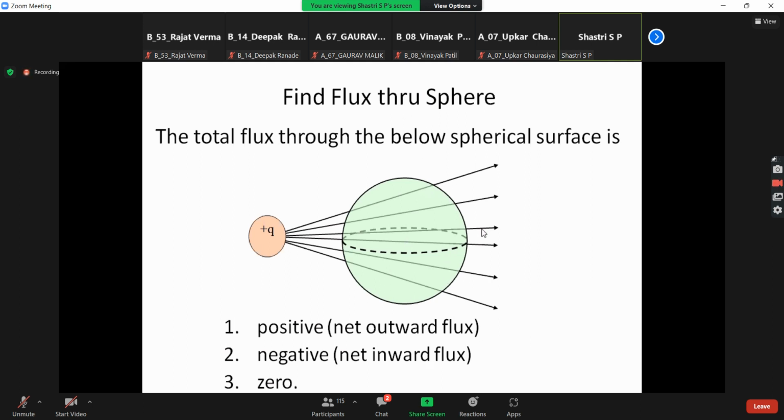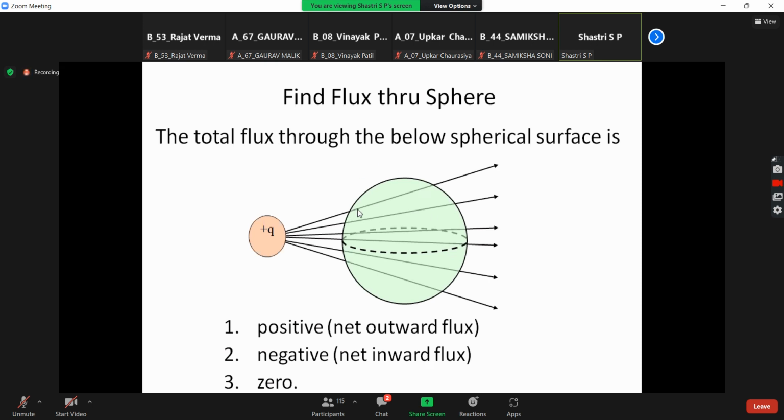So what is the total flux through the spherical surface? Positive, negative, 0? It is going to be 0.